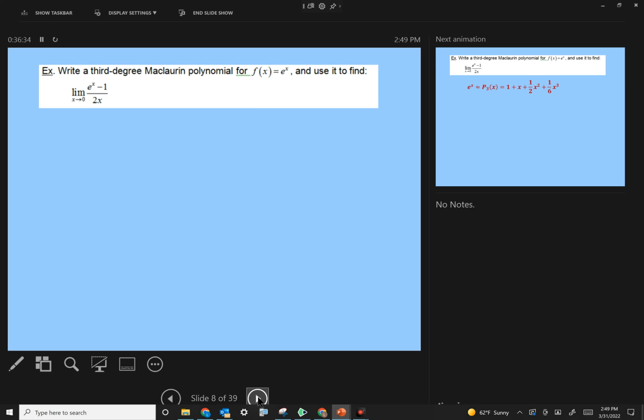f of x, f prime. Everybody done with your 3 derivatives? And we are centered, oh, it said Maclaurin, so centered at 0. So what are all of our numbers? 1. Okay, so set up your polynomial.